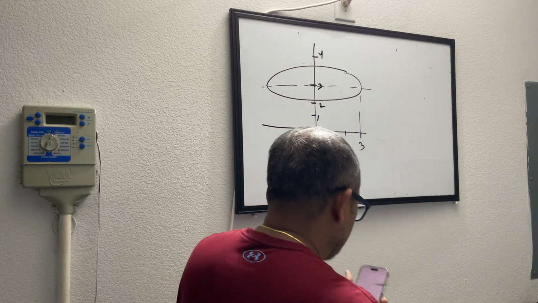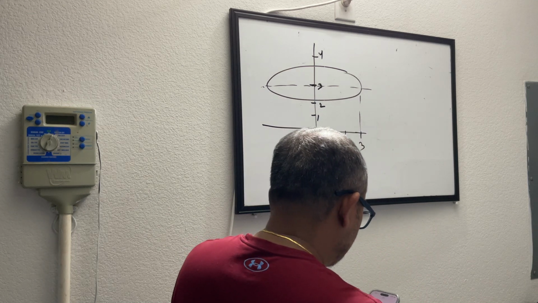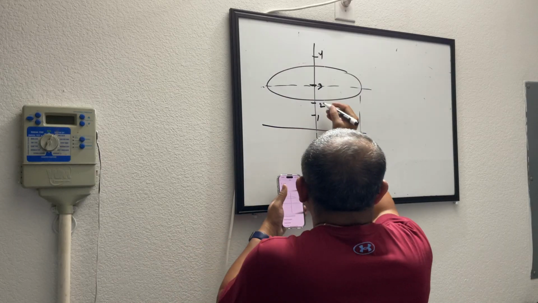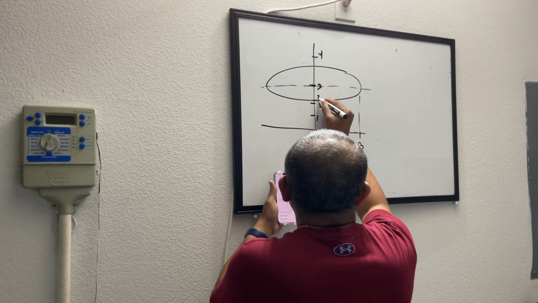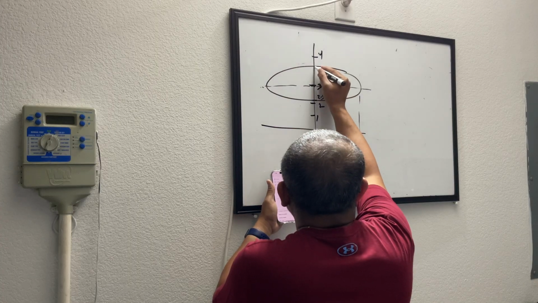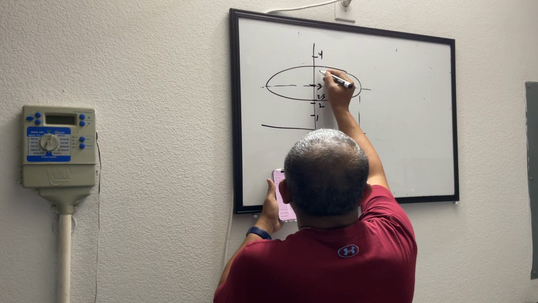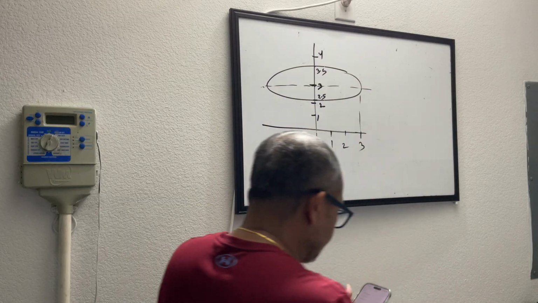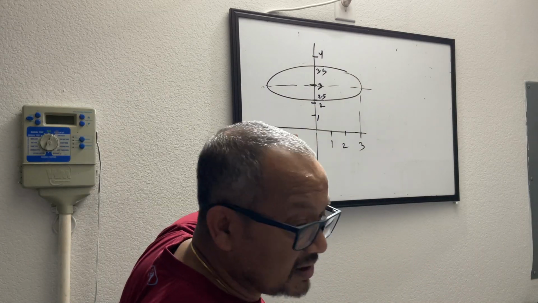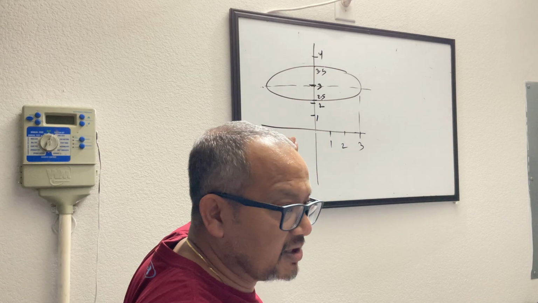Okay, I have given you enough clue. This point is 2.5 and this point is 3.5. Now you can see this drawing, right?